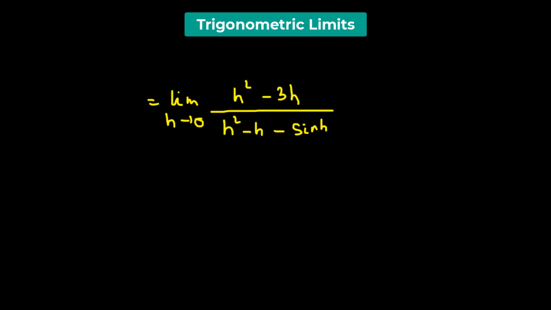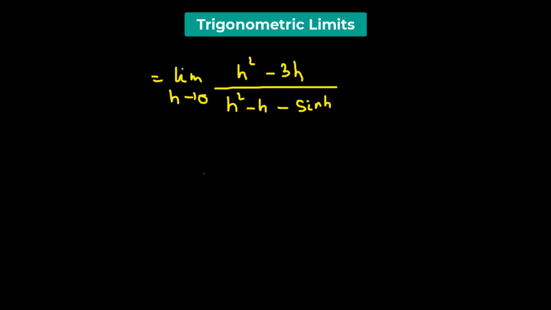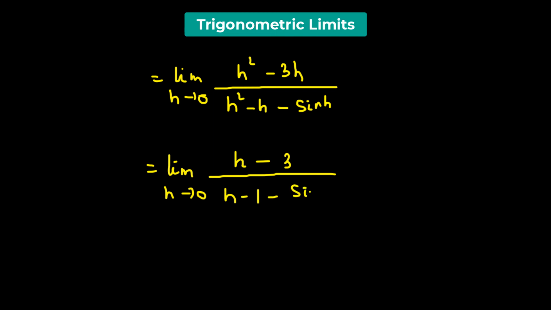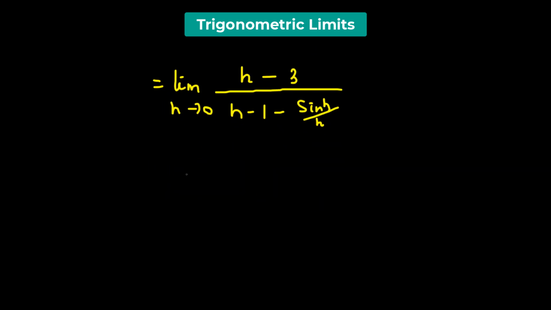Now we are going to divide the numerator and the denominator by h. So that gives us limit h tending to 0. So h squared over h is going to be h minus 3h over h. So that's going to give us 3 divided by h minus 1 minus sine h over h. Now let us apply the limit to each one of them individually.